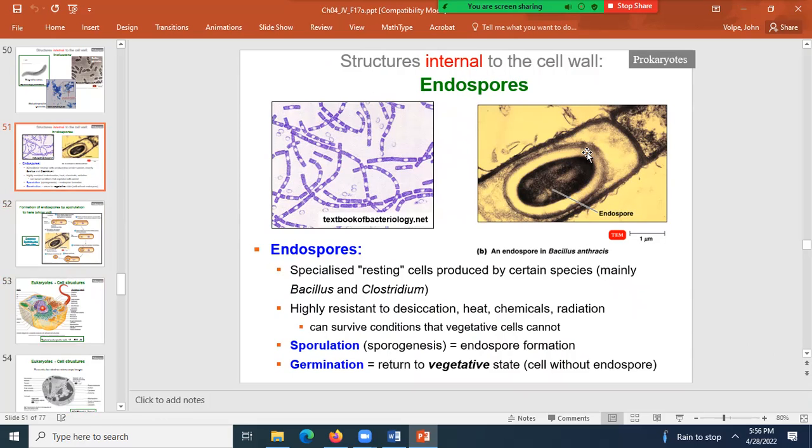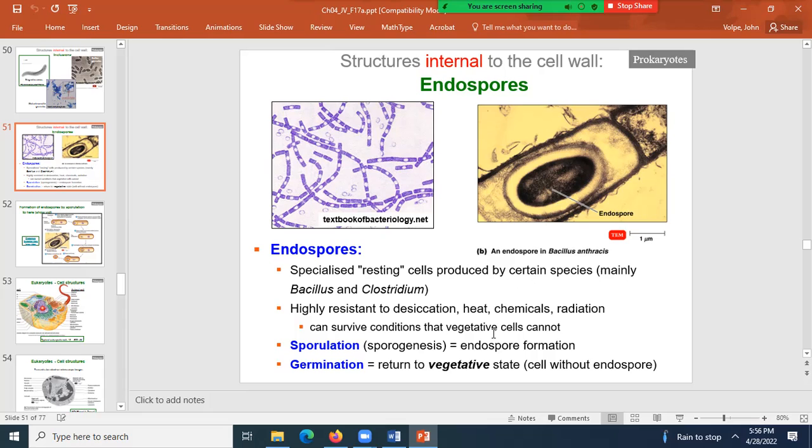So one-to-one is not reproduction. Endospore is a survival trait. The cell makes the endospore to survive. It's not a reproductive trait, it's a survival trait. Sporulation is the formation of the endospore.